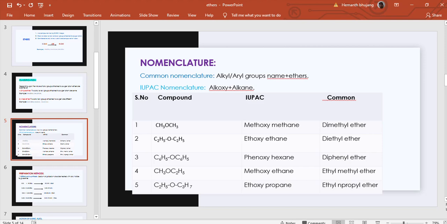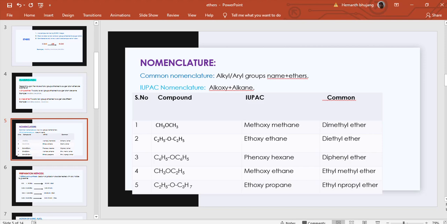Then you may think that we can also name this as ethoxymethane. Why can't we name this structure as ethoxymethane? Why should we name this compound as methoxyethane only?